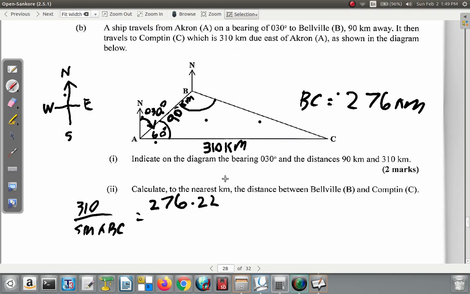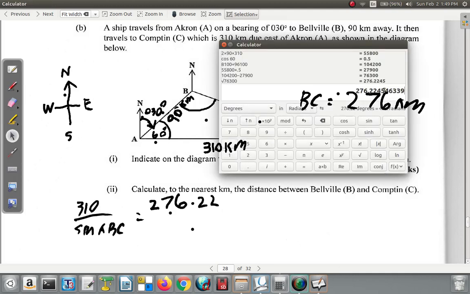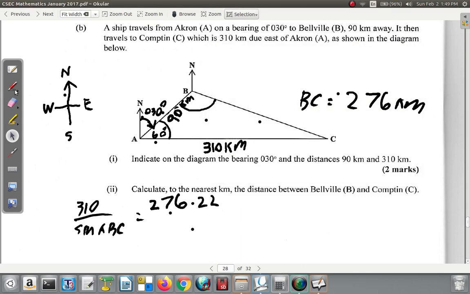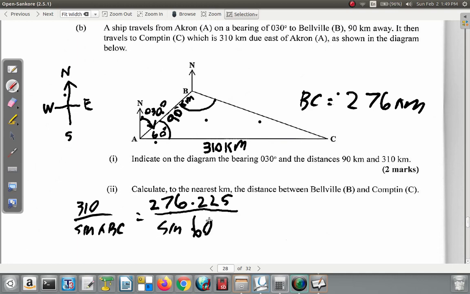Even though I wrote down the answer to the nearest kilometer, I'm going to do further calculation here, so I use the more accurate figure. 276.225 over the sine of 60 degrees.